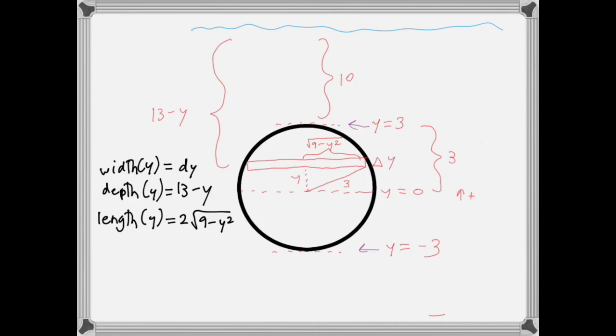So I chose to do it this way because it works out as cleanly as possible when you're setting it up. My rule of thumb is that for anything that is not a circle, call y equals 0 the top of the water, but when you have a circle, call y equals 0 the center line that goes through the circle.